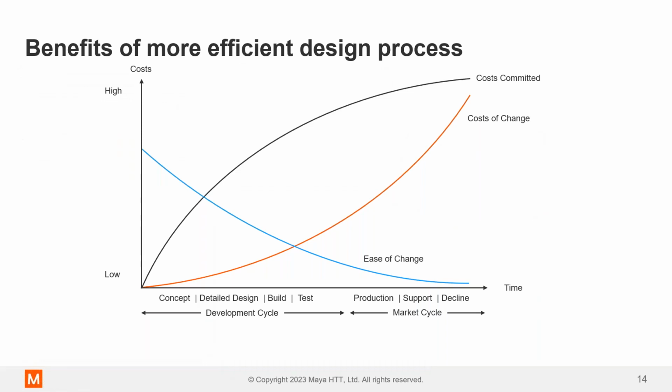So we have an idea of where that fits in with the process, but then how does something like the Structural Analysis Toolkit, or being able to do random vibration faster, fit? Well, if you've seen some curves like this, the cost committed, cost of change, the important thing to remember is anytime you can move farther to the left on these curves, you're generally going to get reduced time and cost for your product development, and you're going to improve your quality and your durability.